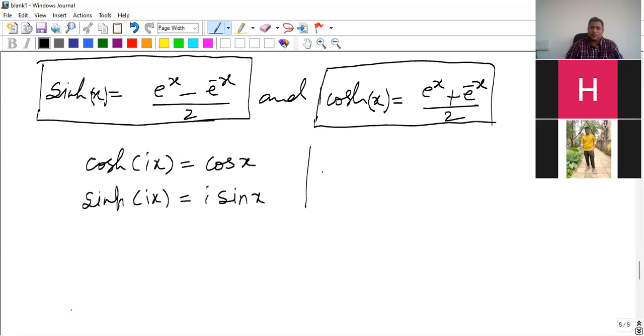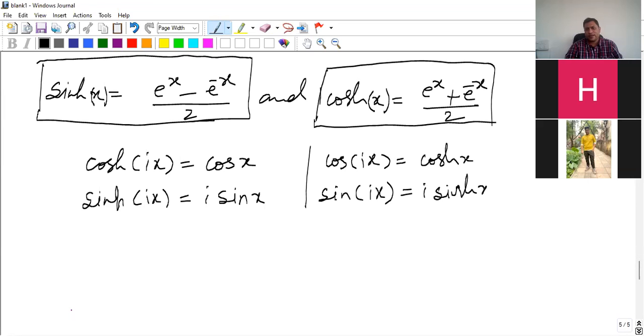And similarly, we can have cos(ix) equal to cosh x, and sin(ix) equal to i times sinh x. This can be verified.